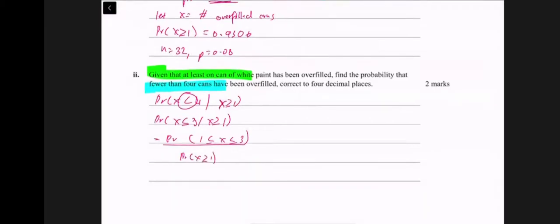The better thing to do before expanding would be to convert this to one that has the equals in it. So the probability x is less than or equal to 3, given that x is greater than or equal to 1. Then when we do the intersection, it just includes both terminals, which is much nicer to see and comprehend.